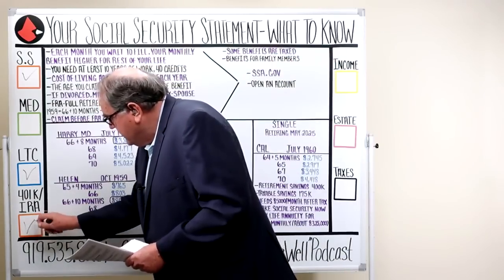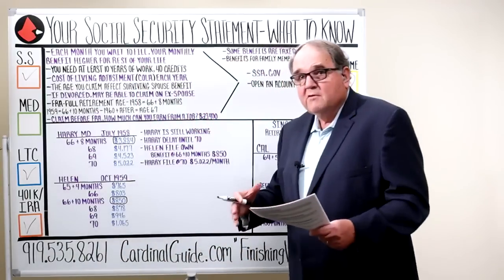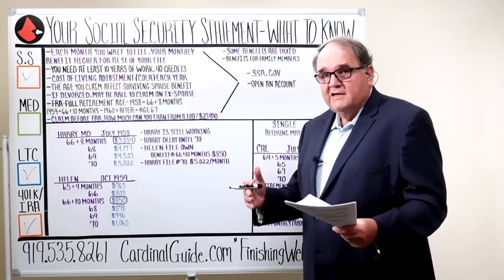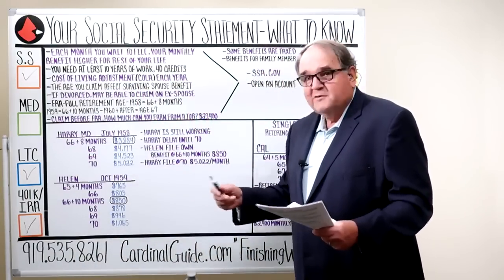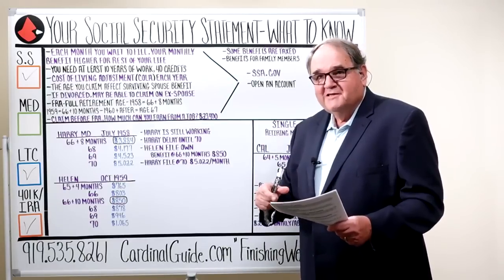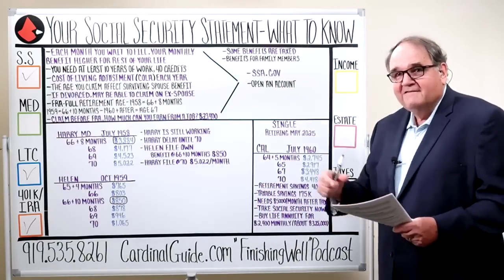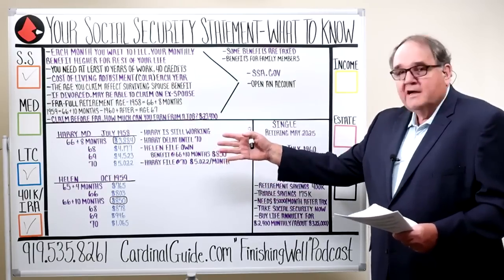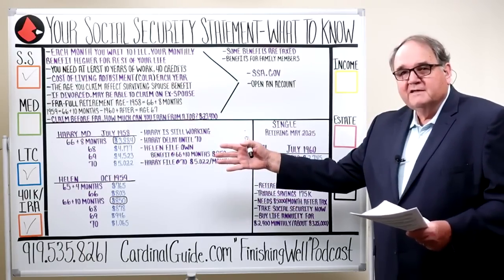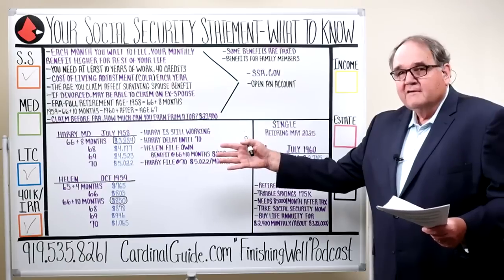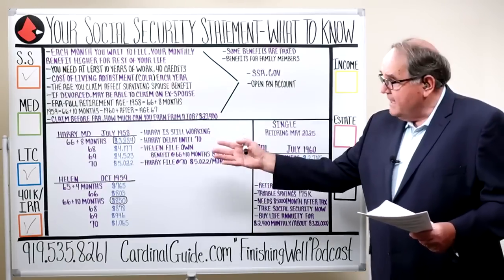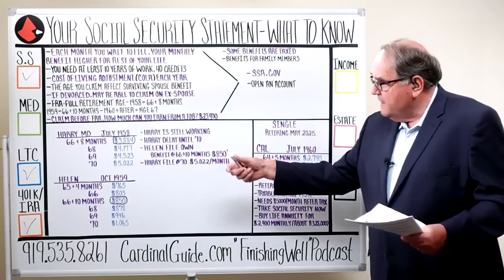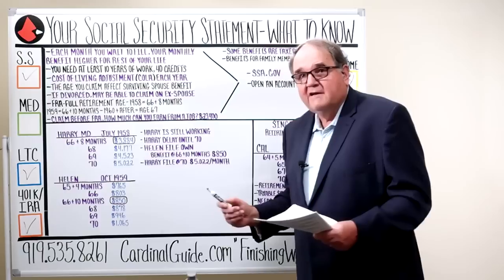The 401k and IRA is the place where we create the bridge. In other words, we can set up a bridge to get Cal from 65 to 70 if he was going to delay, but he didn't delay. Harry, we didn't need to set up a bridge for him because he's still working, or for the couple. But if he were retired, we would have to figure out some way to replace this $3,884.